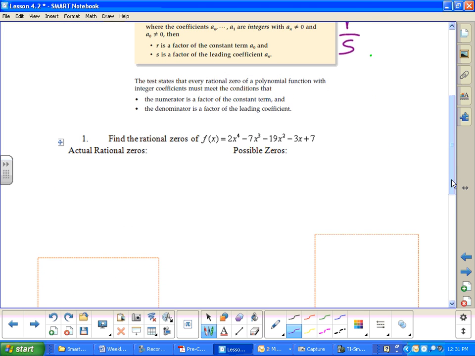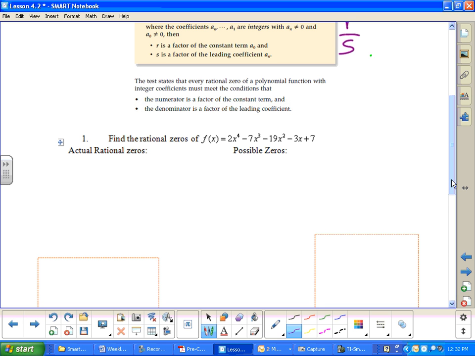So here we've got the function 2x to the fourth minus 7x cubed minus 19x squared minus negative 3x plus 7. Okay? The possible rational zeros are all the fractions that I can write with plus or minus 7 in the numerator and plus or minus 2 in the denominator. All of the factors of them. So what are the factors of 7? 1 and 7, right?